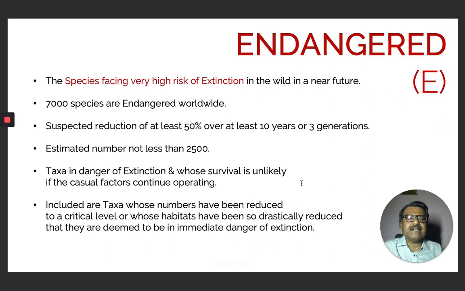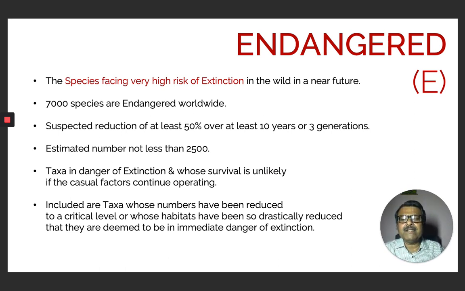Next category is endangered. In this group also, species are facing high risk of extinction in the near future. They are going to face a higher risk of extinction, meaning they may get extinct, they will be removed from the earth. There are 7,000 endangered species, but how shall we categorize them?